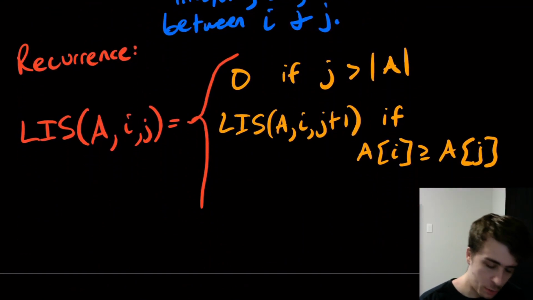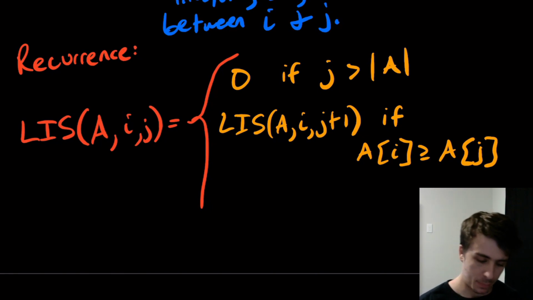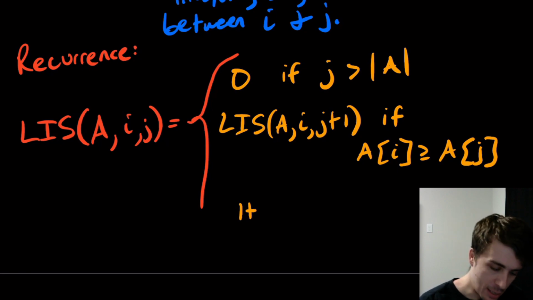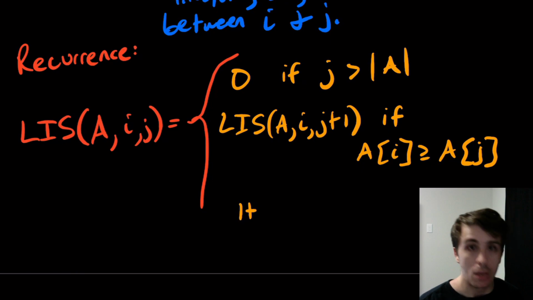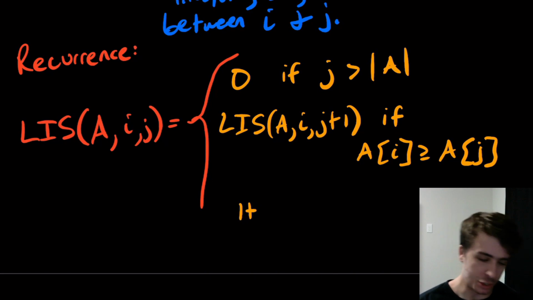Okay, so let's actually think about it. Let's look at the case where we do include it. If we do include it, then that means we get one more than whatever we will do if we include it, but we need to move one index further to look at the rest of the elements also. So we may include those also.